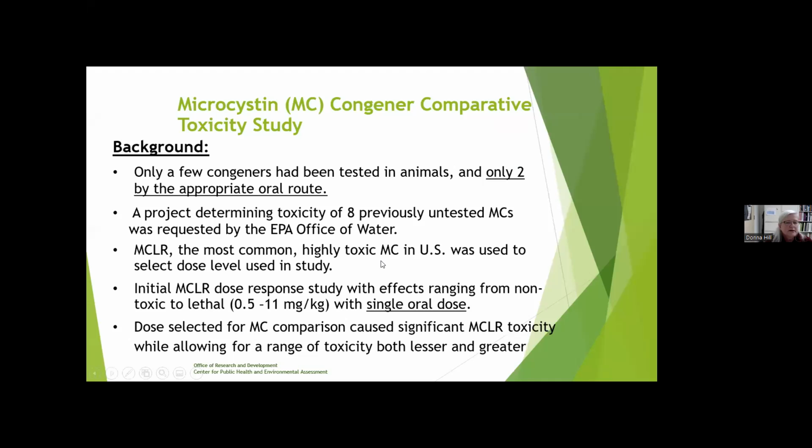We started by doing a dose response curve on microcystin LR, and we wanted to find a dose that had definite toxicity, but had room on the scale of toxicity for other congeners to show less toxicity or more toxicity. And so we ended up choosing 7 milligrams per kilogram as our dose.